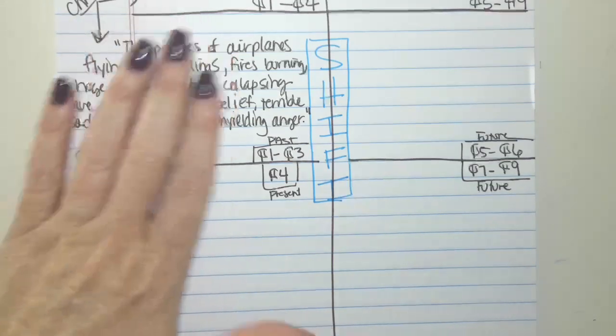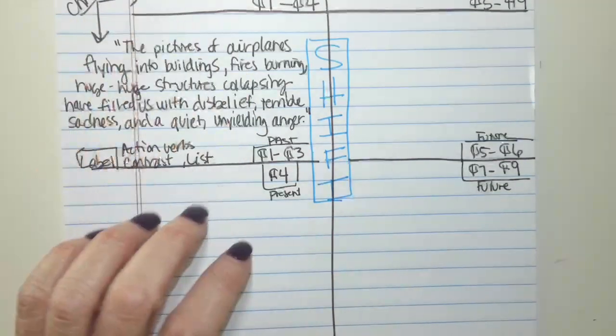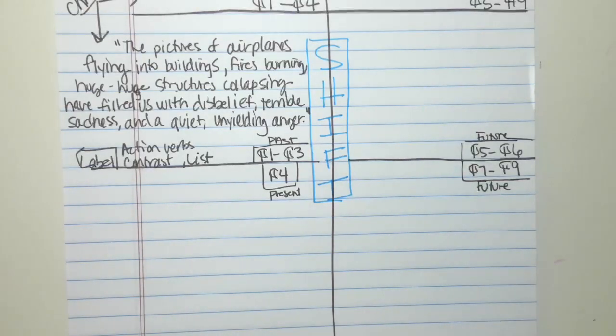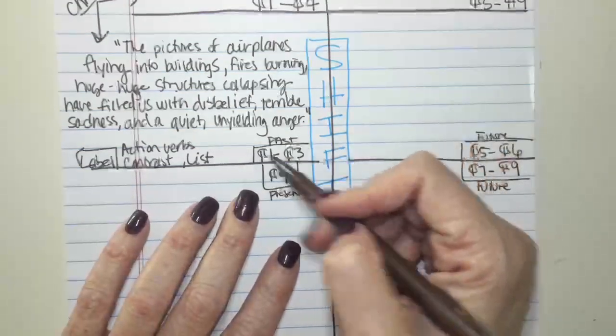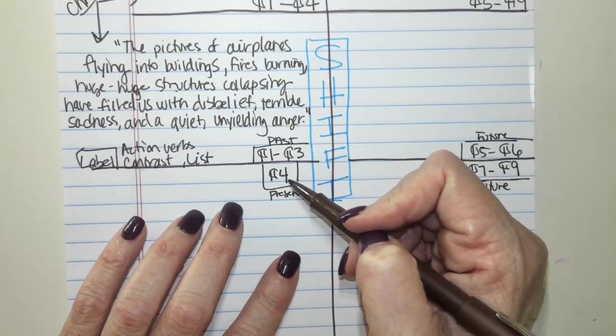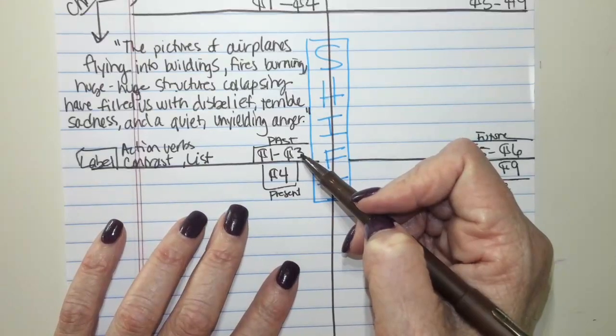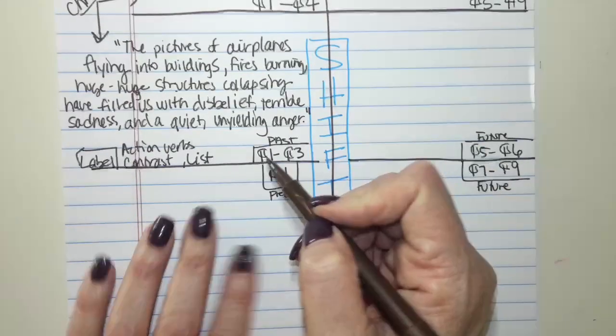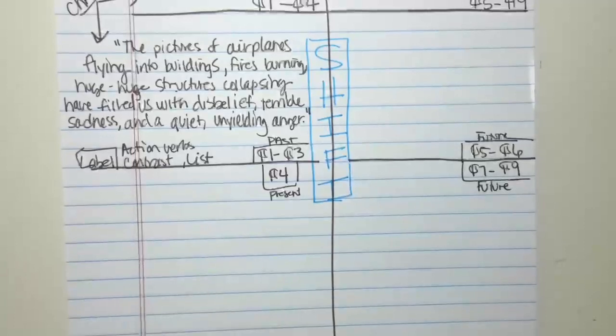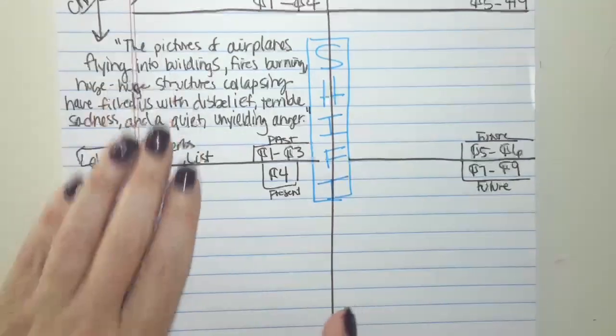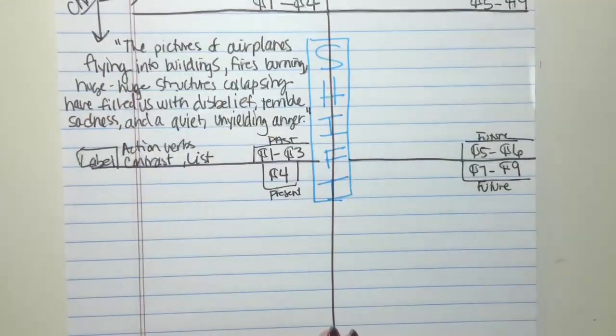All right, if that was the past, that morning, where's something in paragraph 4? Now, here's where you can kind of decide. Let's say you split it here and you go, man, there's something in 3 that I really want to use. Then you can just change this to 3 and 4 and then put something in 3. If there's something in 3 that you really like, then you can do something from paragraph 3, right? But let's look at paragraph 4. What's something in paragraph 4 that we like that would maybe show the present of what's happening?